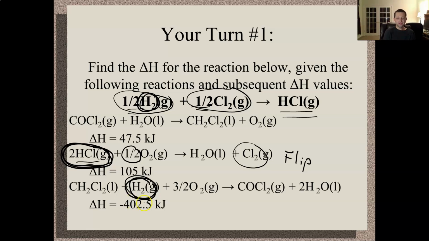If I kept equation 3 as is, which I need to because of where the hydrogen is, I need to cancel out that COCl2 somehow. The only way to cancel it out is for it to be a reactant in your first equation. So let's rewrite this by flipping the second equation.